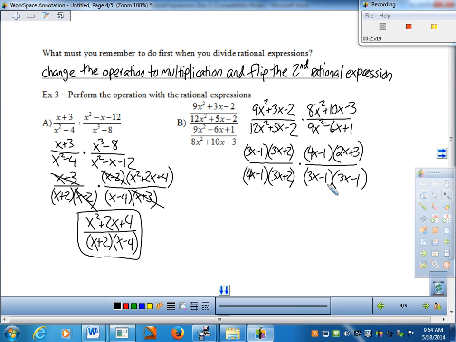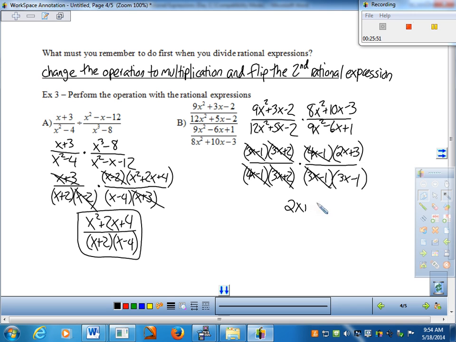So the question, of course, is what can go? Well, again, everything is separated by multiplication, even in between, so we're good. We can and do want to cancel out 3x minus 1s. 3x plus 2s just happens to be in the same rational expression, just like when we started this lesson, so those would simplify. 4x minus 1s, and it all looks really nice.